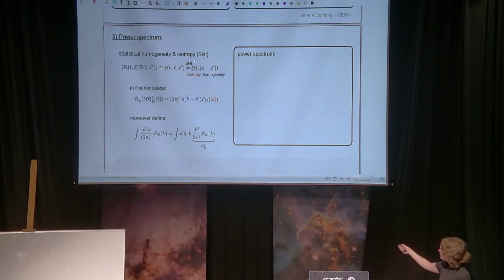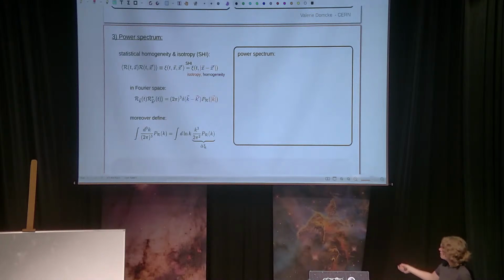Now, in Fourier space, that same statement translates, there's a bracket missing here, to the fact that I have a delta function between k and k prime. And the power spectrum, which is the thing that we want to compute, can only depend on the absolute value of k. That is, again, isotropy. So this formalism is just to say this is the quantity we want to compute.